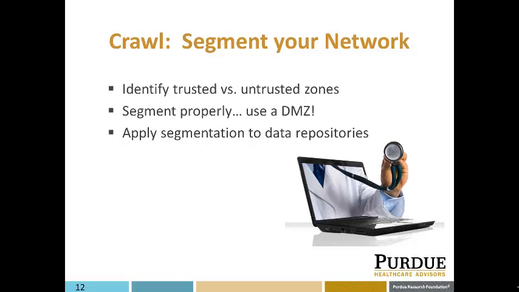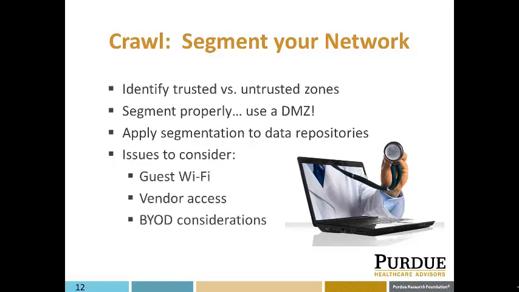You may have a very flat data network where everyone has access to the same file share. But I would argue if that's the case, you likely have an issue with unauthorized disclosure of data, because not everyone in your environment has a business need to see whatever is on your file share at the given time that they're looking at it. So understand that the same way that we segment our network, you want to segment your data.